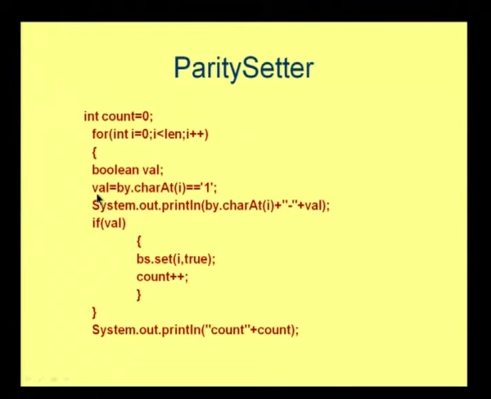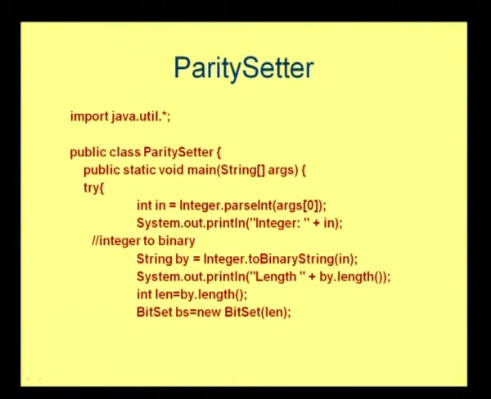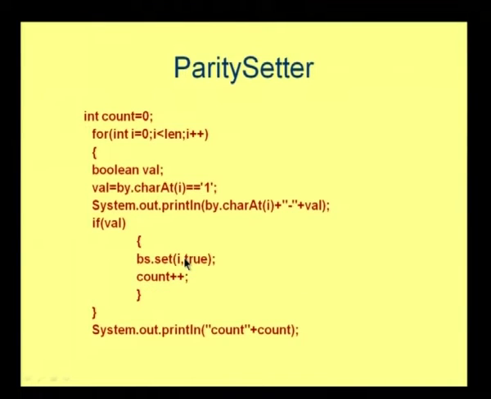Now this is my BitSet, and that is my binary. You can see here this is the binary value of the integer that I have got. Now, charAt. We have seen that in String we have a method called charAt. Whenever I give the index, the character specified at that index will be given as the result.